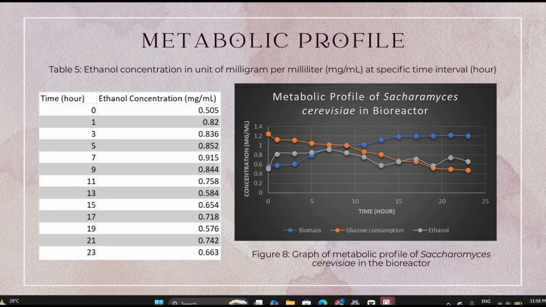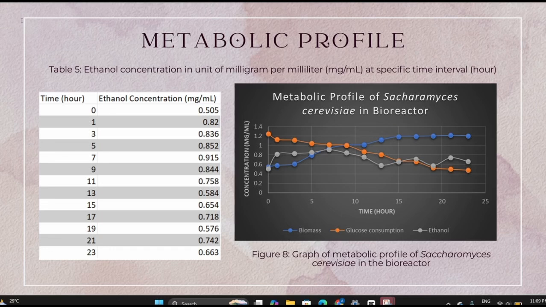Lastly, we can obtain the metabolic profile, shown in figure 8, a graph of the metabolic profile of Saccharomyces cerevisiae in the bioreactor. This graph is important to show the trend of the biomass, glucose consumption, and ethanol, which are the three important parameters to analyze the yeast growth in the bioreactor.